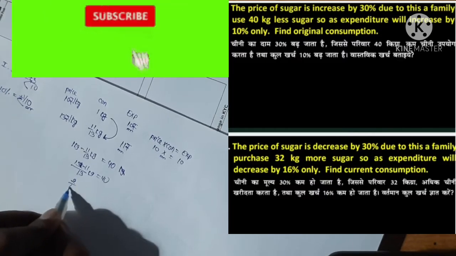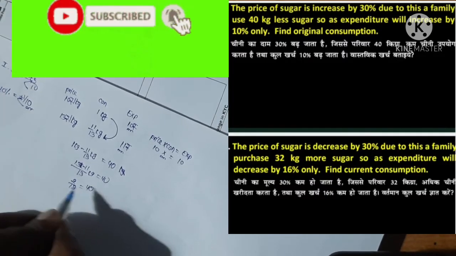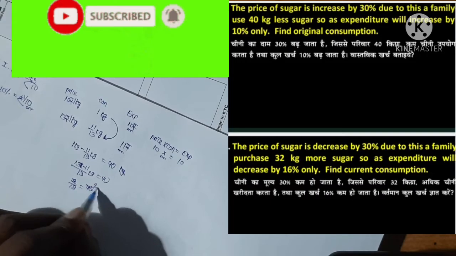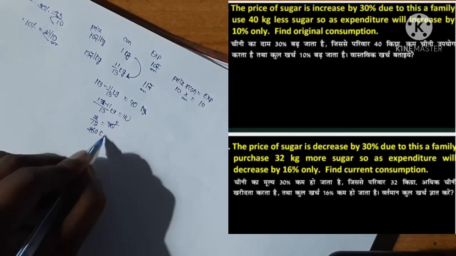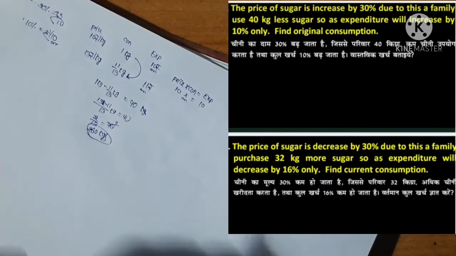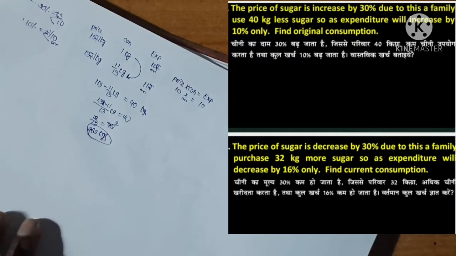So 2 by 13 is equal to 40. The value is 2 times into 13, so total 260 kgs. So the original consumption is 260 kgs.